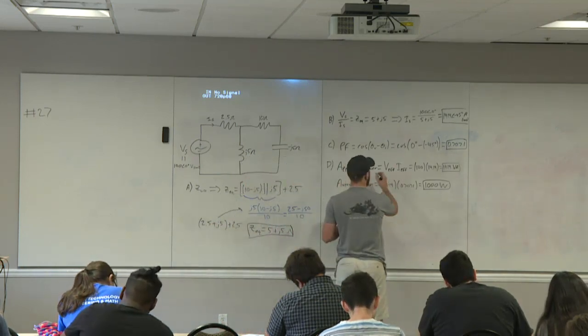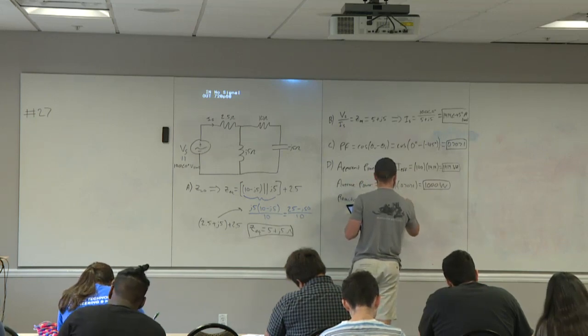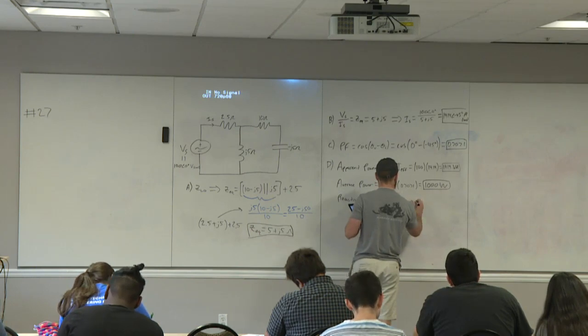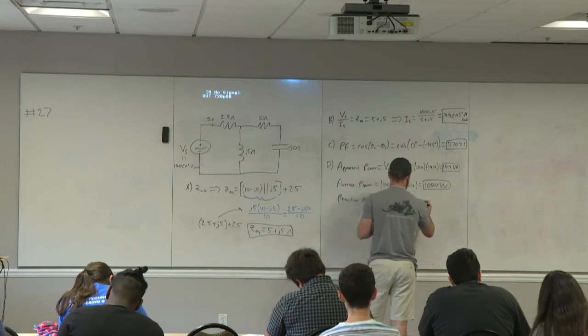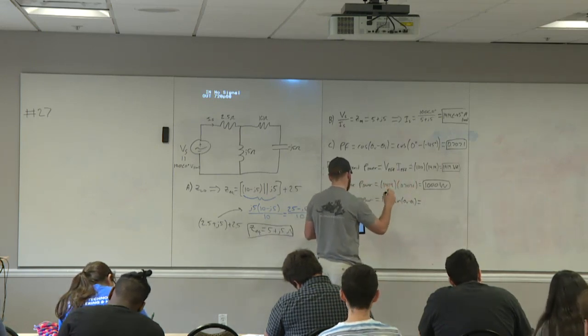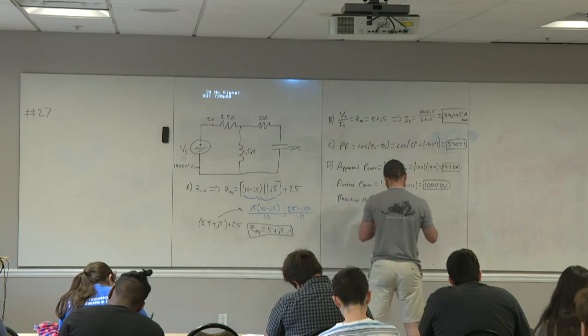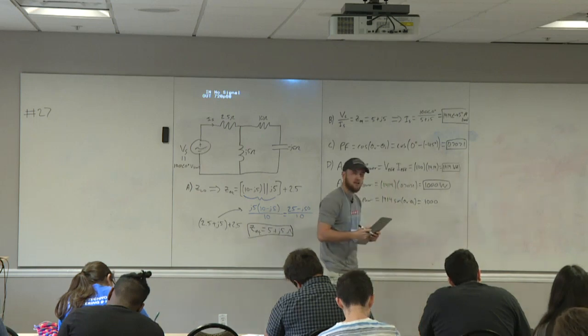So we're going to have our apparent value up here, so 1414, multiplied by sine of theta V minus theta I, which we know is equal to 45 degrees, right? So we're going to have 1414 times sine of 45 degrees. That is going to get us 1,000 units.